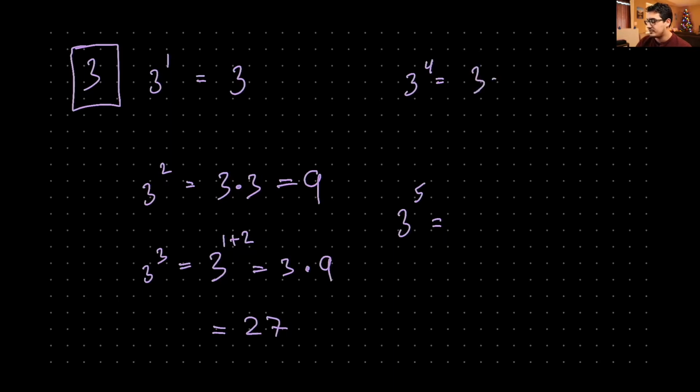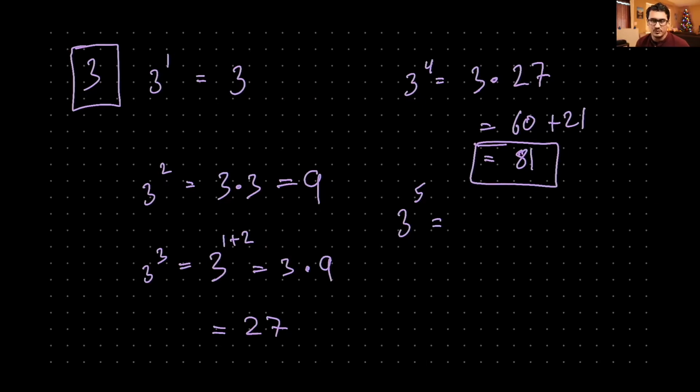And then here you can just right away, if you know 3 squared, you can just say, oh, it's 3 times 27. And that one you might have to do yourself. It's going to be 60 plus 21. So that's 20 times 3 and 7 times 3, so it's 81. So that's how I do my multiplication.